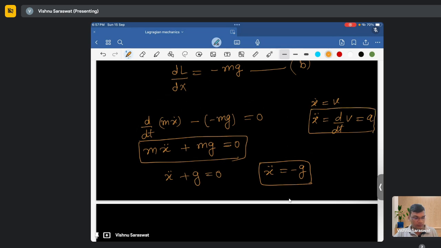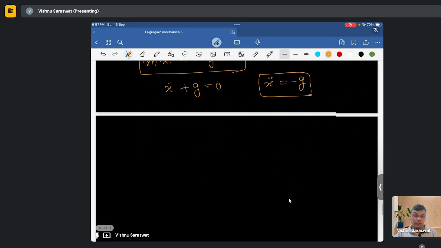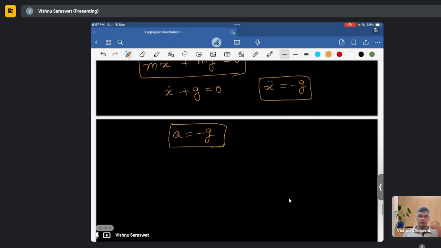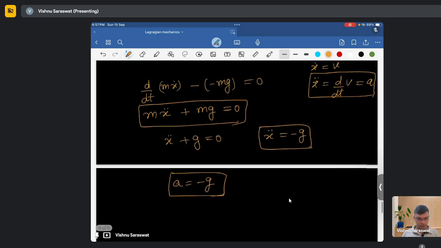So what we got is that the acceleration is negative for our object which falls under gravity.